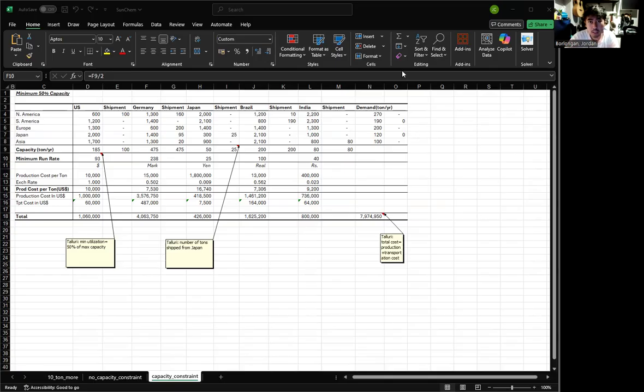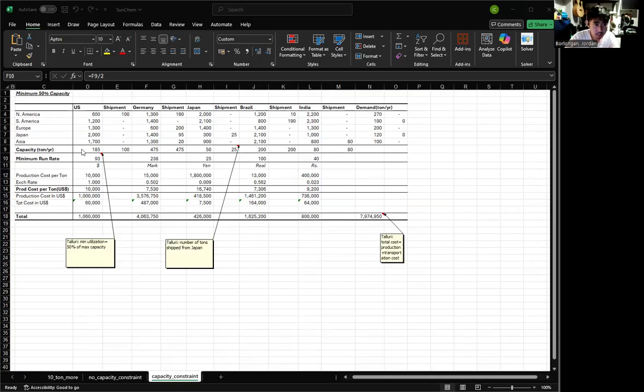The given data is already the demand in tons per year, as well as the capacity of each location, also in tons per year. The first constraint describes that each of these locations must provide at least 50% minimum of the capacity. What does that mean?